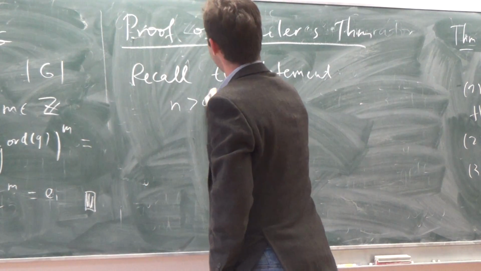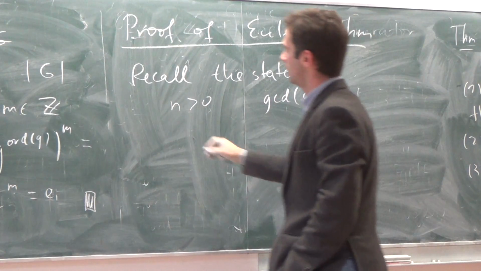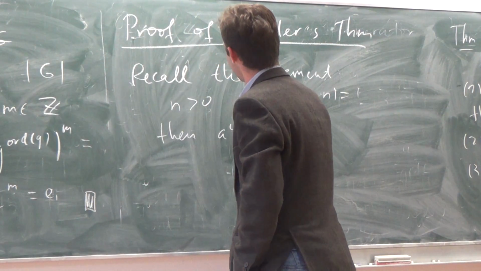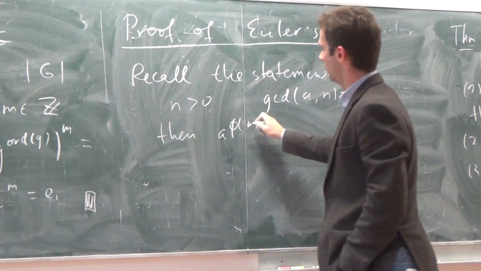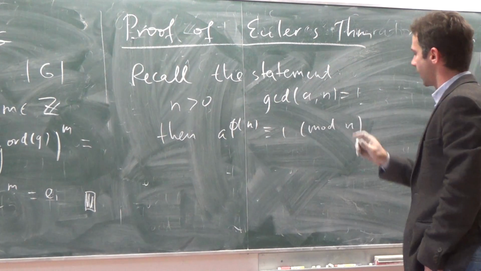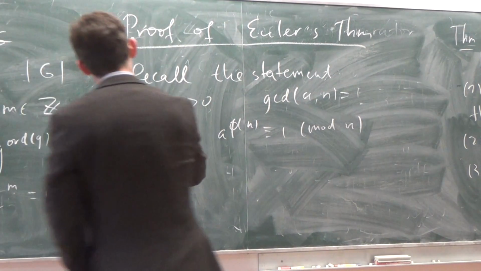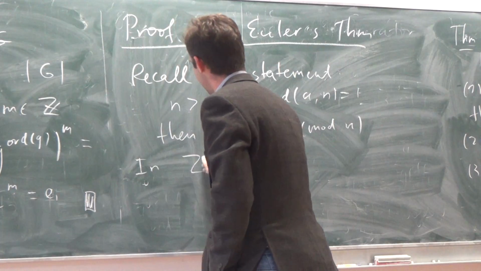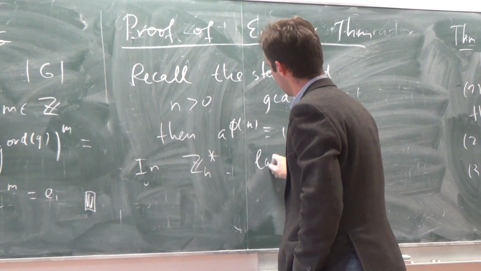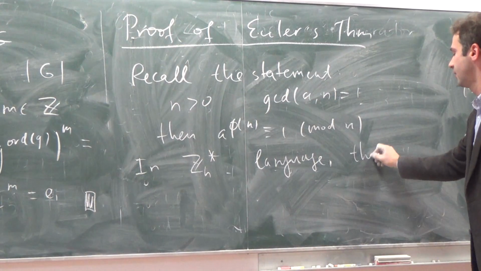So n is a positive integer, a is coprime to n, then taking this power gives me 1 mod n. And you see, in Zn star language, we can write the following statement.